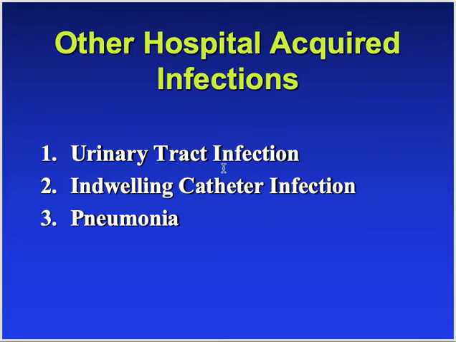So of course, a lot of things are there. What was the insertion technique? Was sterilization used or not? What is the condition of the patient? What is the nutritional status? What is the age? All these things play a role in whether the patient is going to develop this or not. But of course, when good aseptic measures are used, the chances are less. But of course, it's still there.